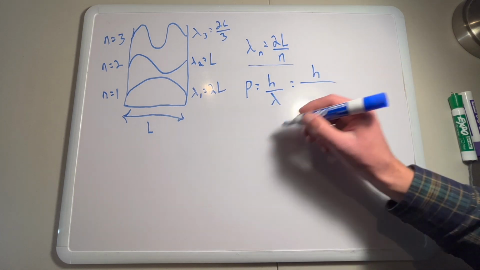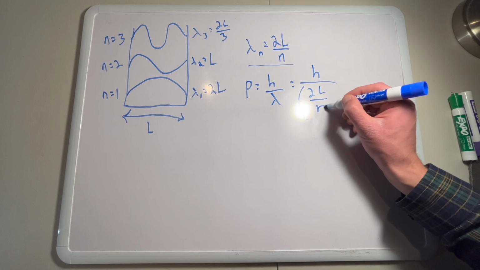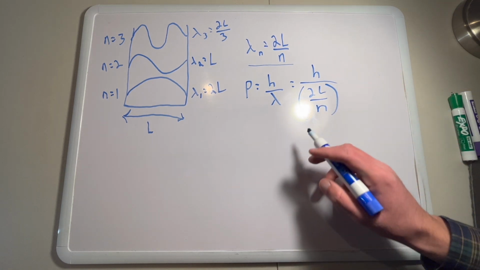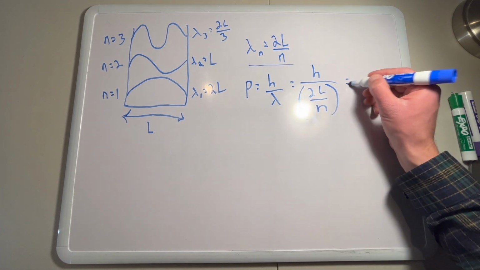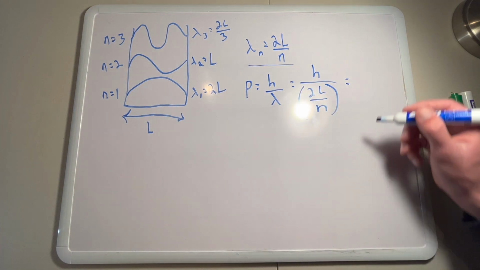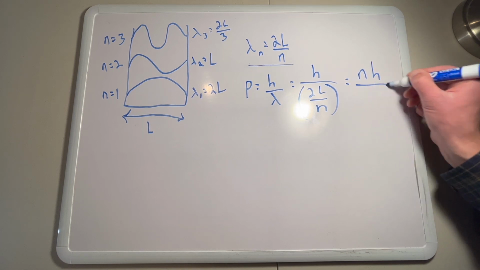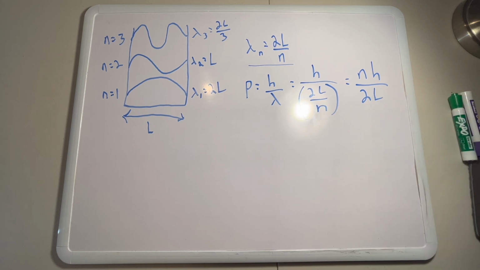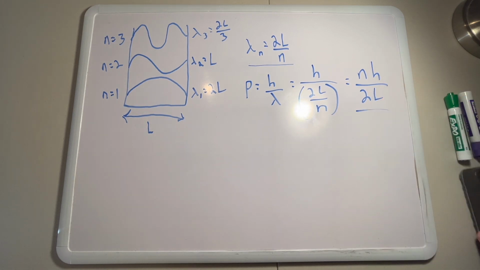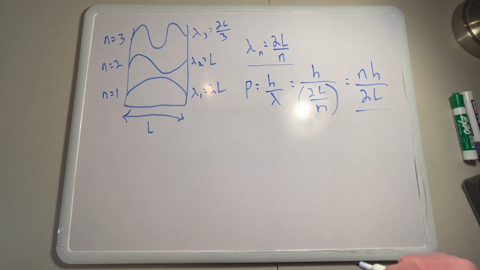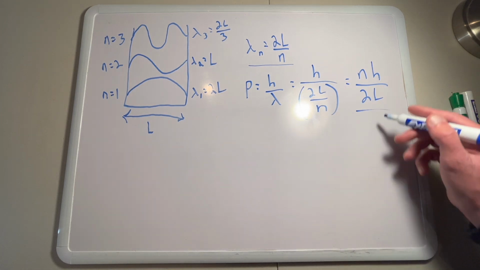This is all leading up to energy, as I said. We get 2L over n right there. And then we'll bring the n upstairs to get our momentum equation right here. So that'll give us nh over 2L. All right, so we'll remember that guy now. It's a little confusing with just trying to underline it is all, having multiple fractions in there, but yeah, just underline.